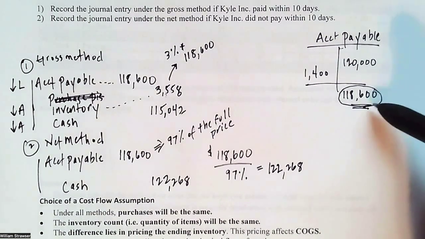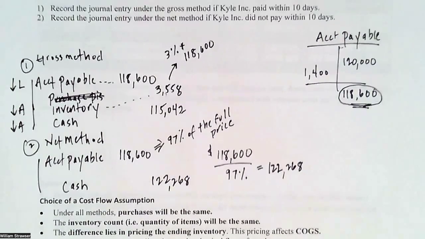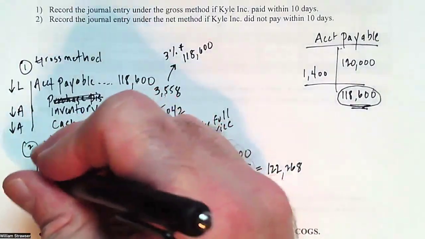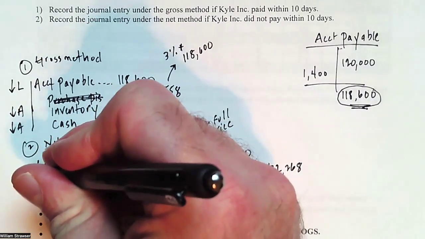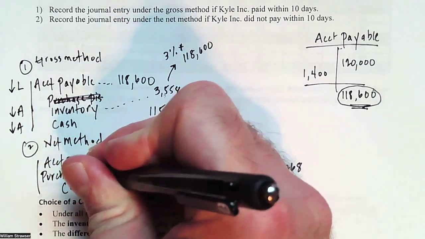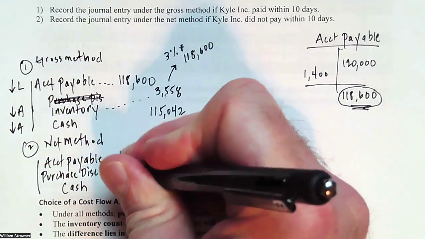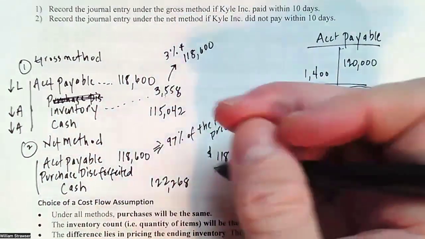And the payable, remember, is always expressed either gross full price under the gross method or net price net of discount under the net method. The debit that links them would be my purchase discounts forfeited, or if you will, interest expense, either is accepted.